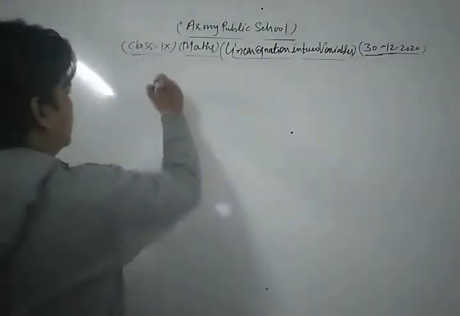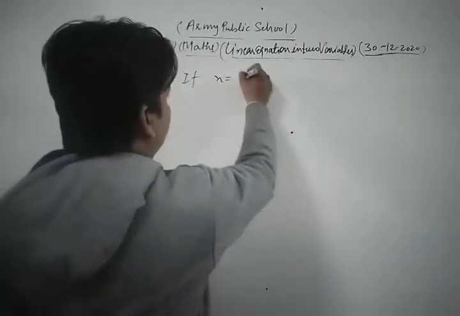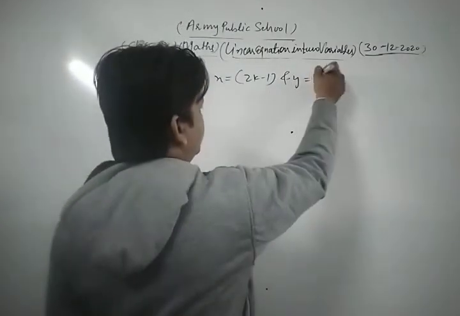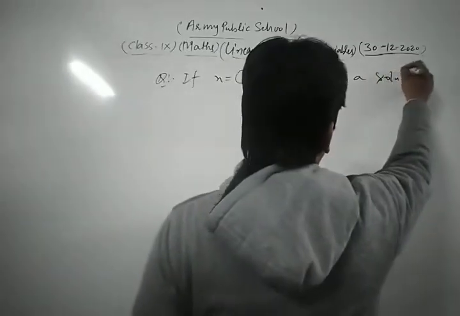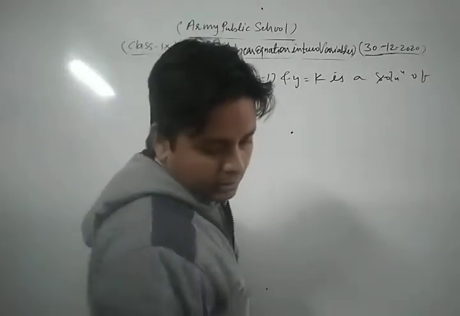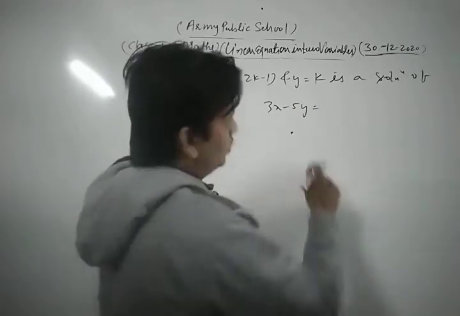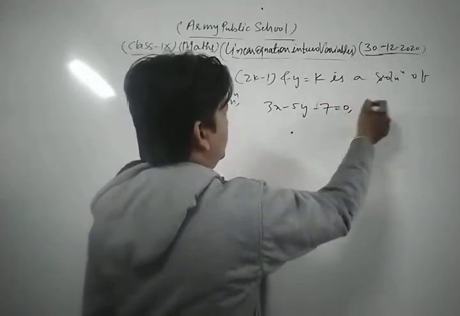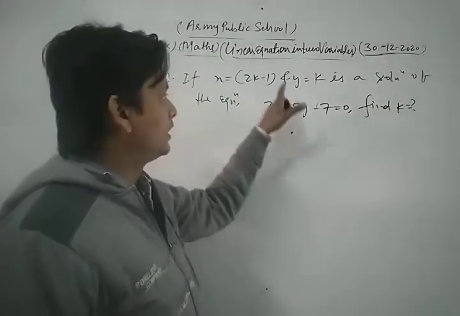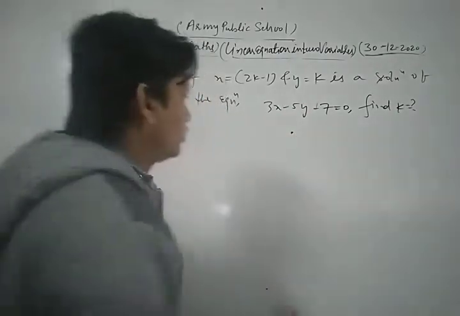If x is equal to 2k minus 1 and y is equal to k is a solution of the equation 3x minus 5y minus 7 is equal to 0, find the value of k. So just dear student, this is the solution of the given equation now. So it must satisfy the given equation. So let's see its solution.